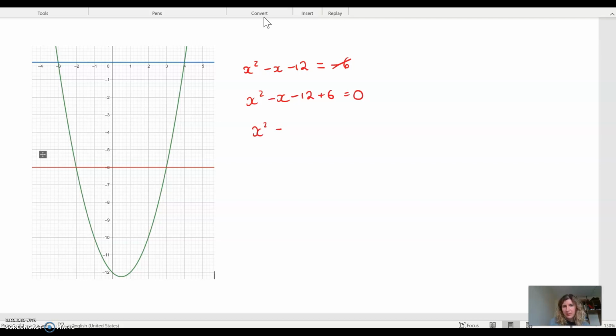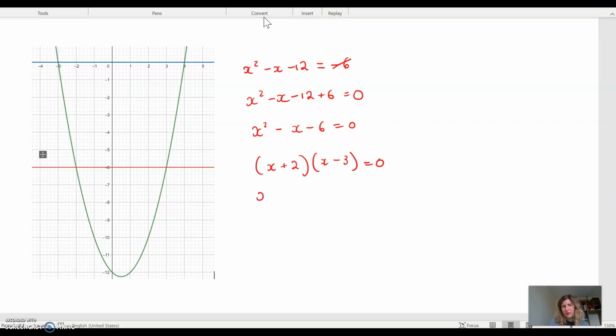We would then end up with x squared minus x minus 6 equals 0. Now, two numbers that multiply to equal -6 and add to equal -1 are of course x plus 2 and x minus 3. Okay, 2 and -3 give you the -1, and 2 times -3 gives you the -6.